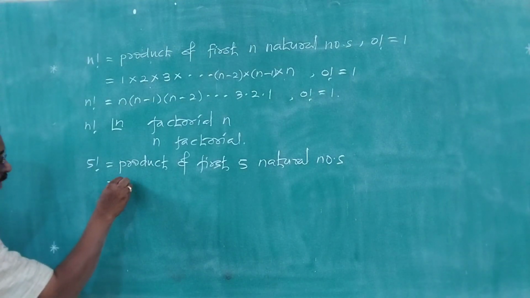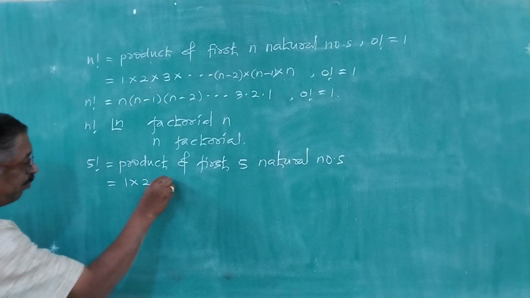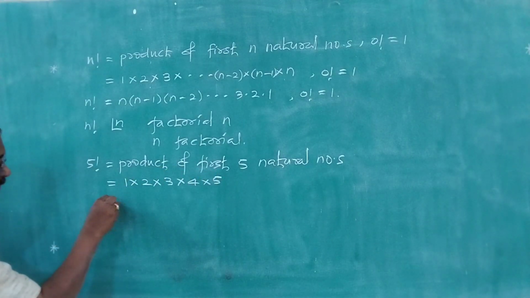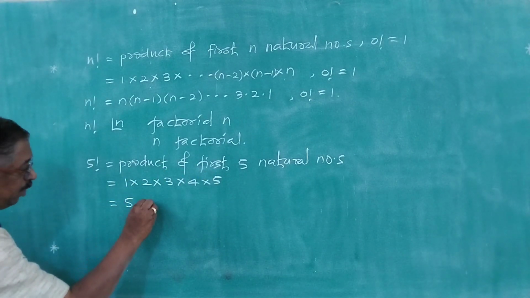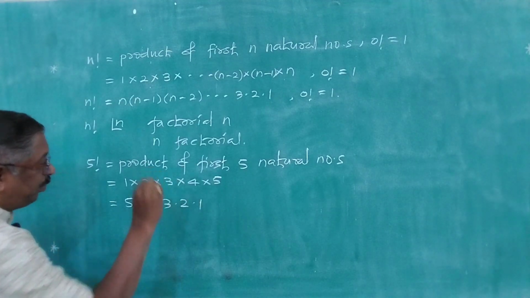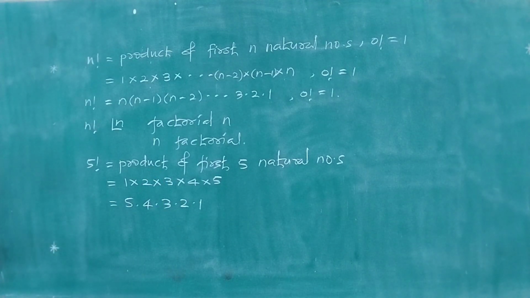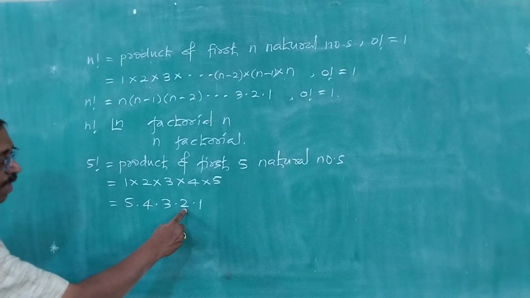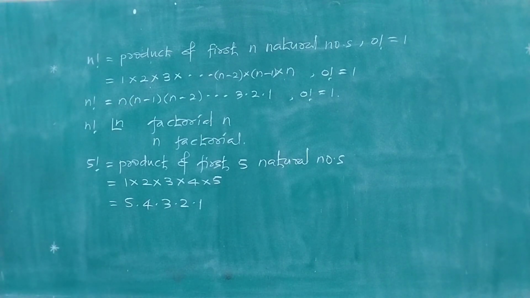Clearly it will be 1 multiplied by 2 multiplied by 3 multiplied by 4 multiplied by 5. For our convenience, we write it as 5 multiplied by 4 multiplied by 3 multiplied by 2 multiplied by 1. 5 into 4 into 3 into 2 into 1, which counts to 5 4s are 20, 20 into 3 is 60, into 2 is 120. It will be equal to 120.